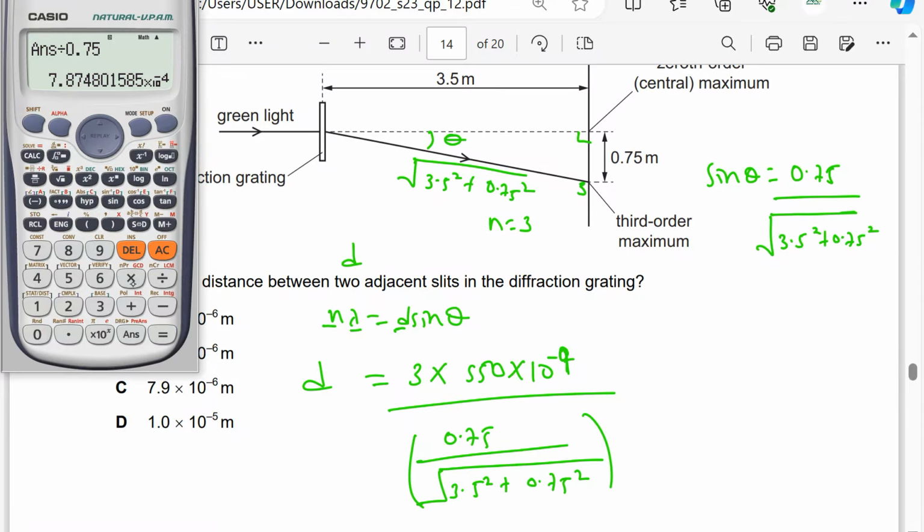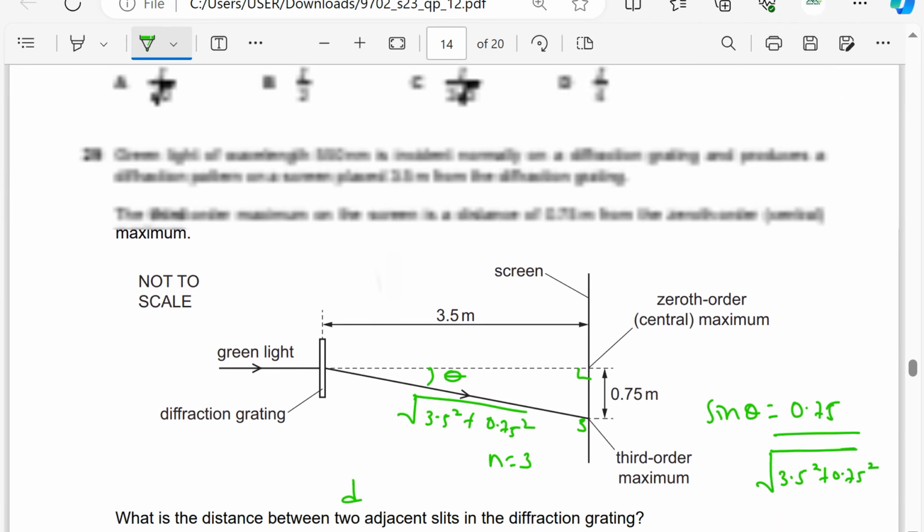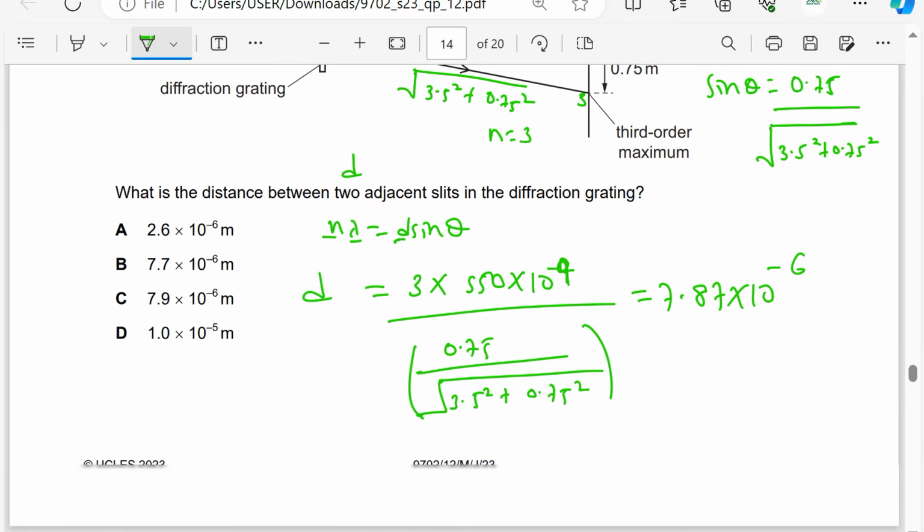So I multiply by 10 to the minus 2, giving 7.87 times 10 to the power of minus 6, because nano is 10 to the power of minus 9. So the answer here is C.